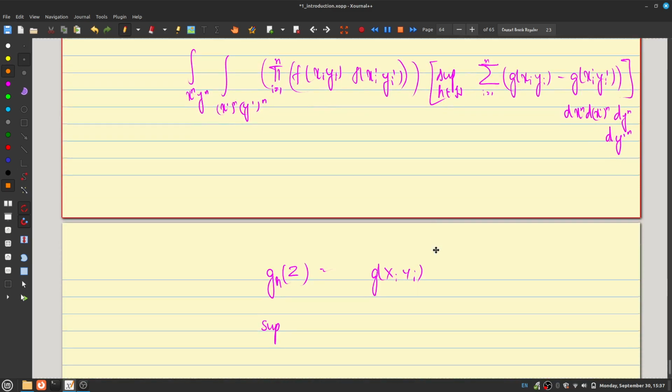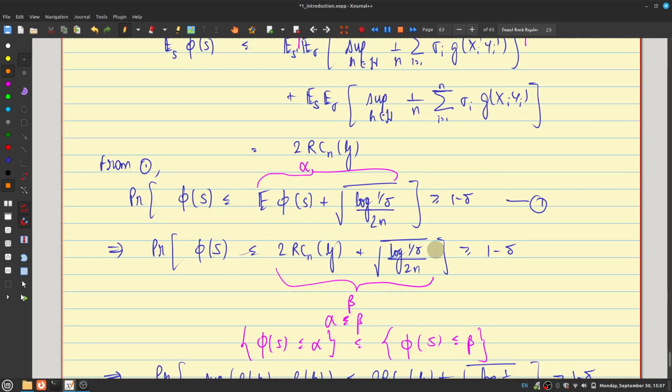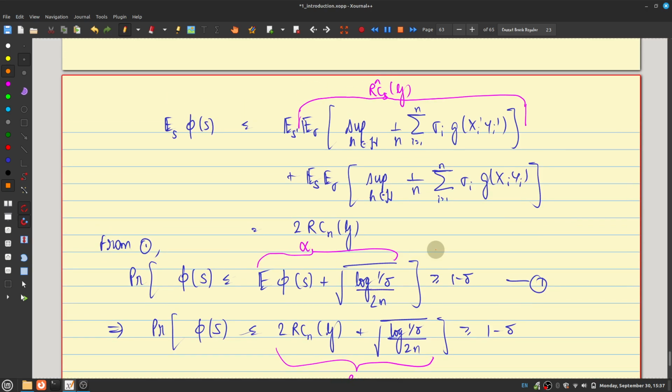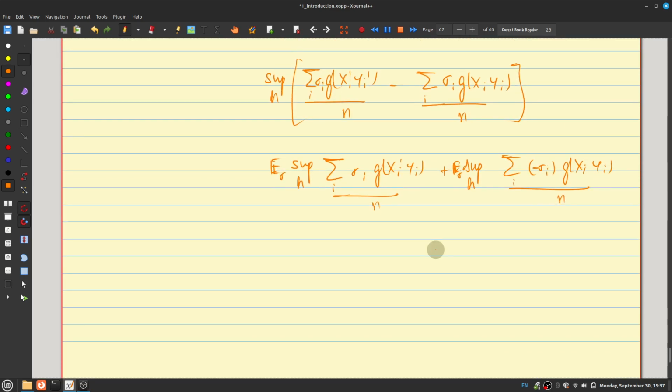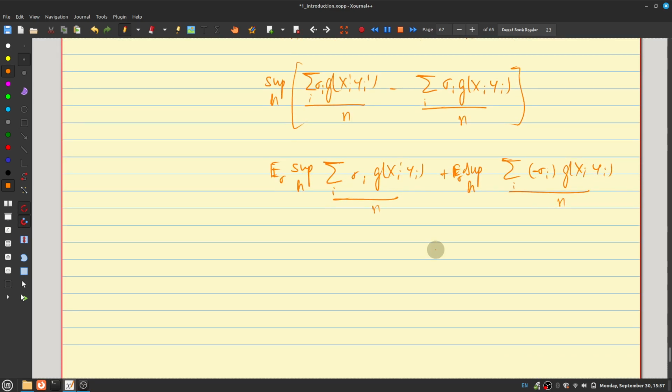Okay. If not for the expectation, yes. So it doesn't hold for arbitrary sigmas. So I'm using the fact that these are IID Rademacher random variables, they're symmetric, everything is nice.